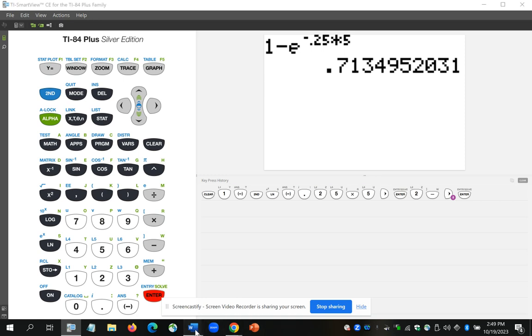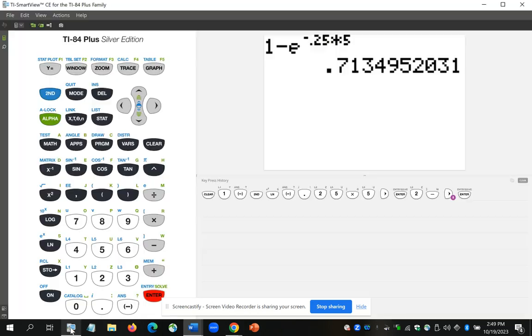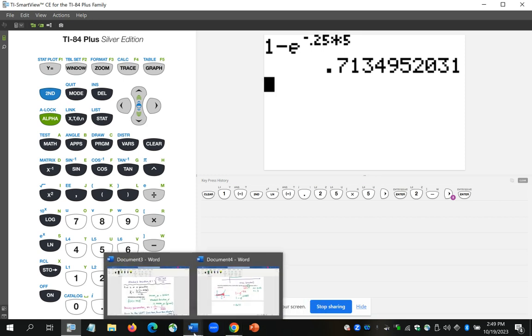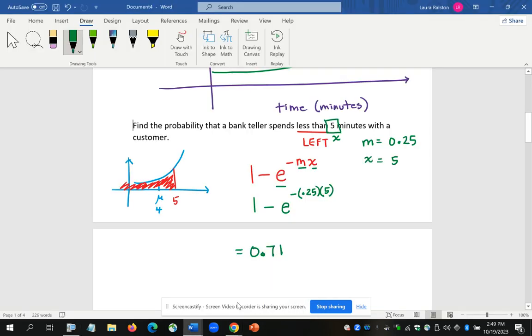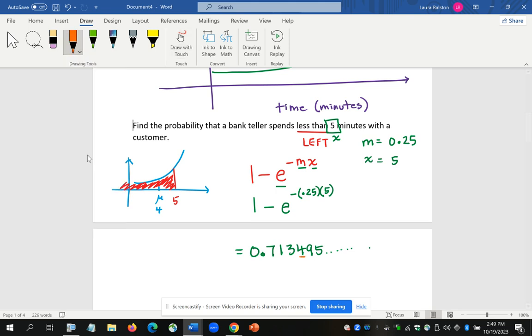Okay, so let me write this down. So this is 0.713495. I believe it will usually ask you to round to 4 places. So the 4th place is a 4.